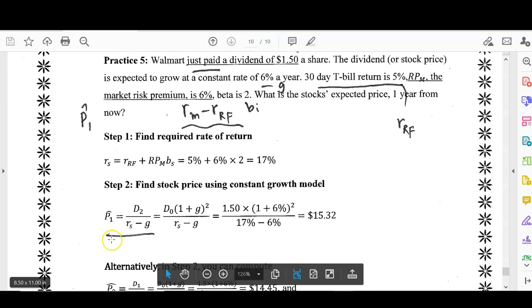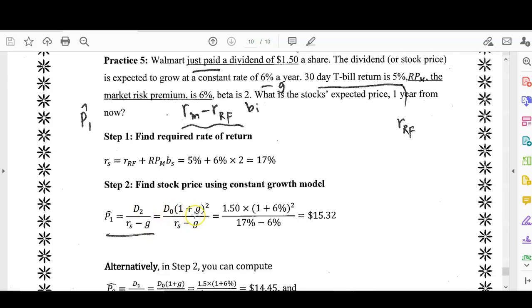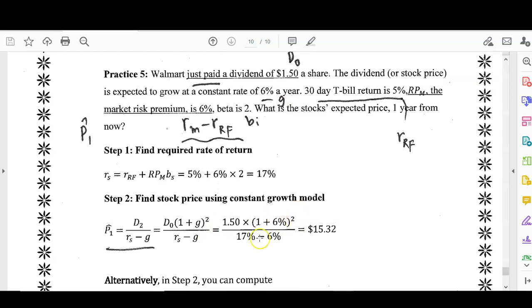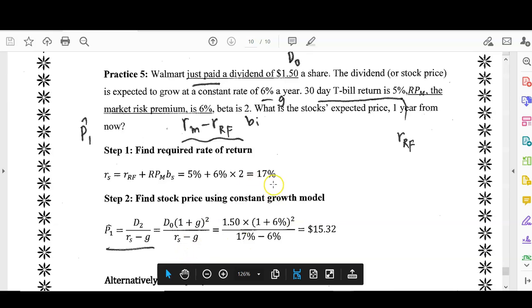For P1, it is D2 over RS minus G, and D2 equals D0 multiplied by 1 plus G squared. We know D0, just paid, 1.5. We know G, so it's 1.5 times 1 plus 6% squared over RS, 17%, minus G, 6%. We have P1 as 15.32.